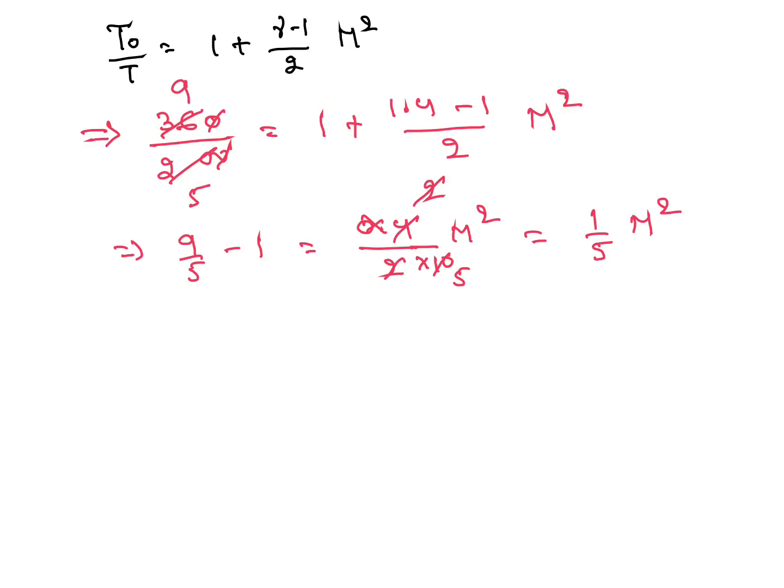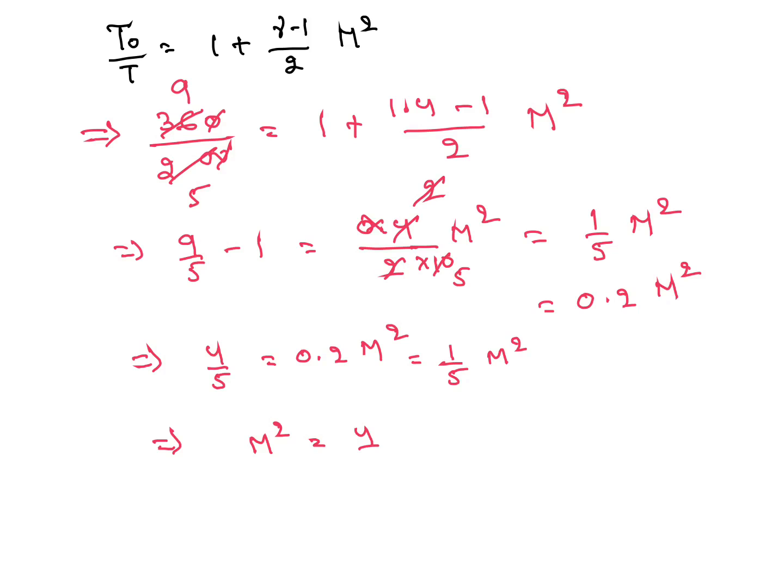This one we can also write as 0.2 M square. So here 9 by 5 minus 1 is 4 by 5, equal to 0.2 M square. So M square equals 4 by 5 into 5. 5 cancels, it's 4.